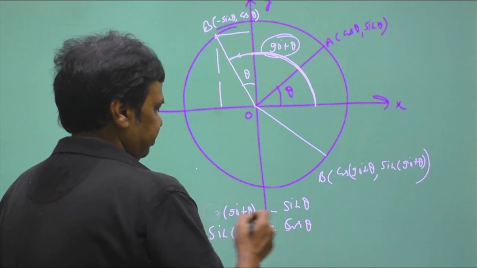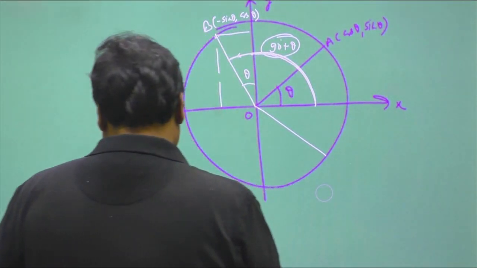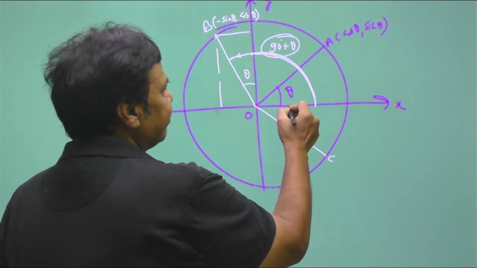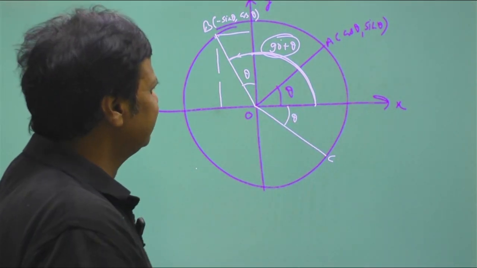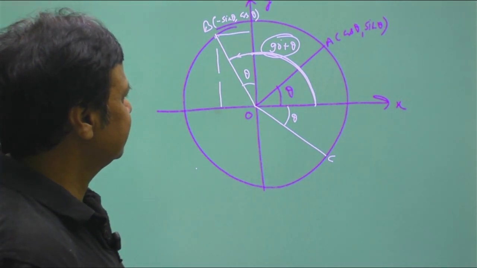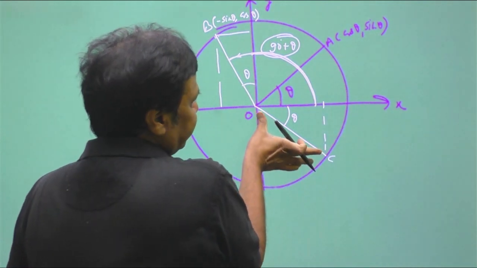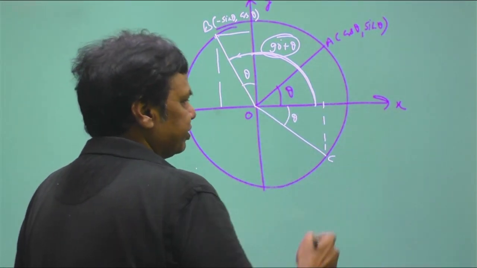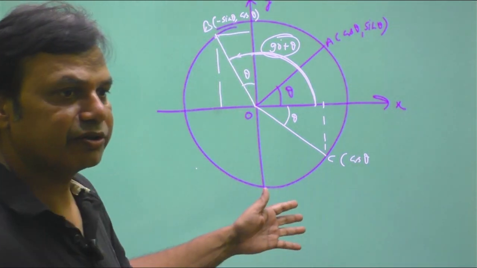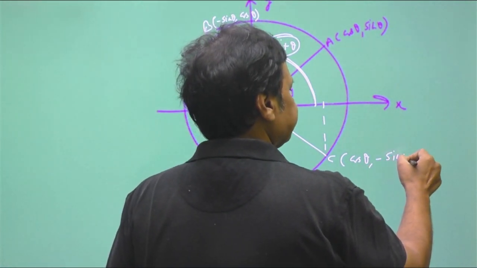Take another example. Take this point C and make this angle theta. So this length is sin theta and this length is cos theta. It is in the fourth quadrant, so its x coordinate will be positive cos theta, and the y coordinate will be minus sin theta.